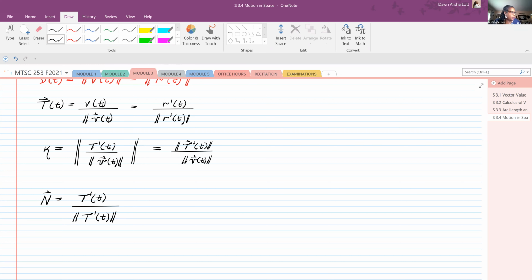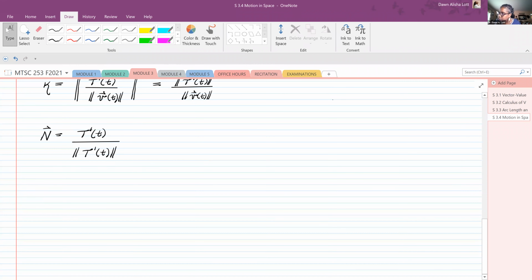All right, so here's an example. This is a very easy one. This is simple circular motion.